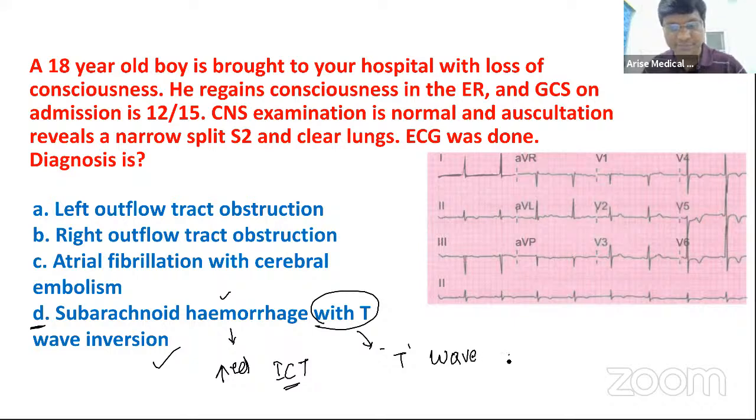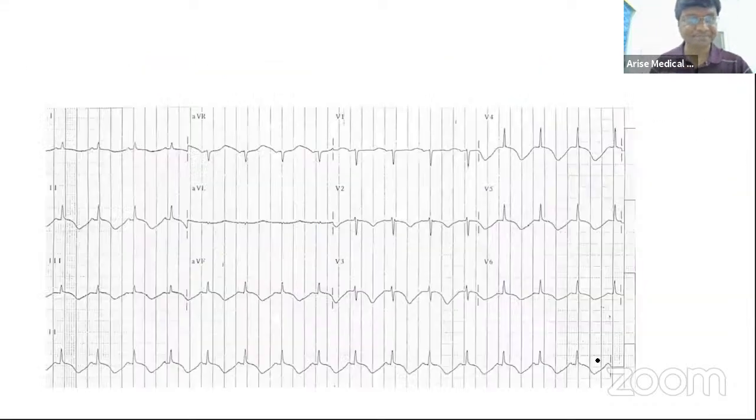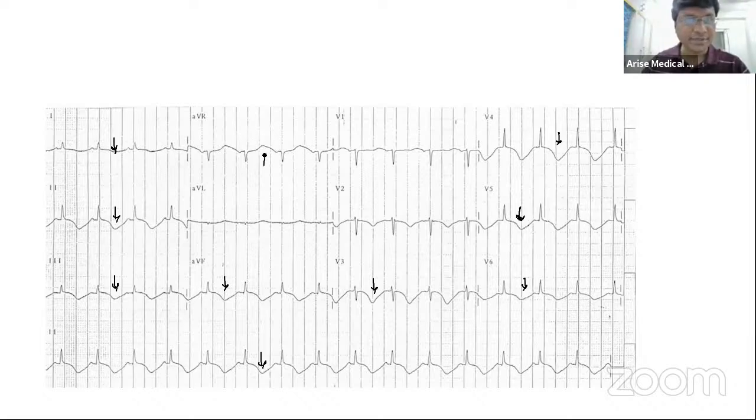I will show you that ECG. Right, you will have T wave inversions in all the leads. You see this, these are deep T wave inversions. You can make out these T wave inversions are almost present in all the leads in case of subarachnoid hemorrhage, except in your AVR, because in AVR everything will be reversed, every time and all the time.